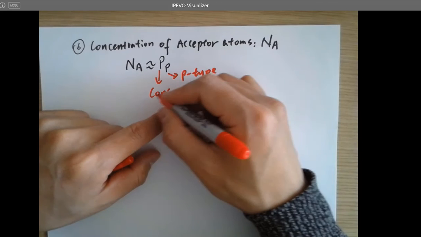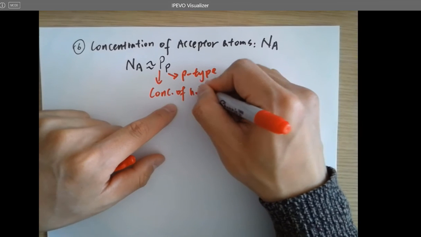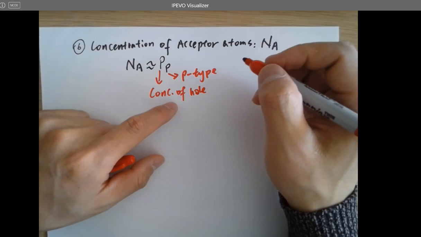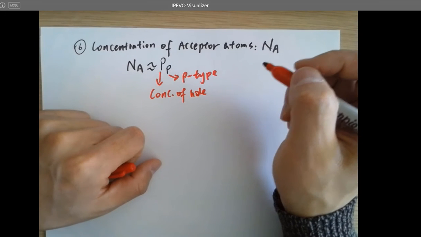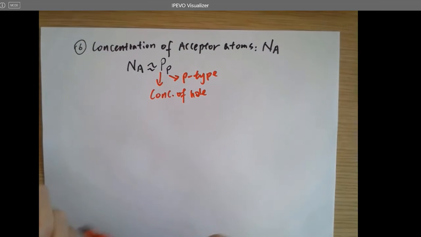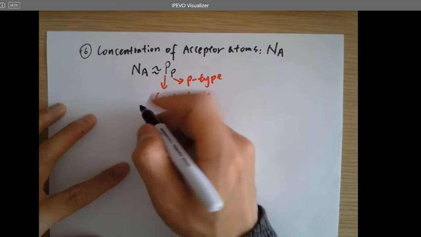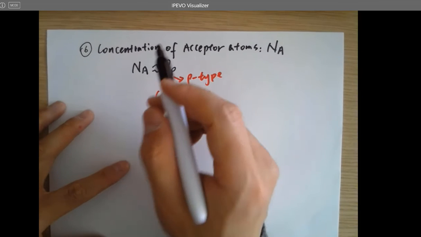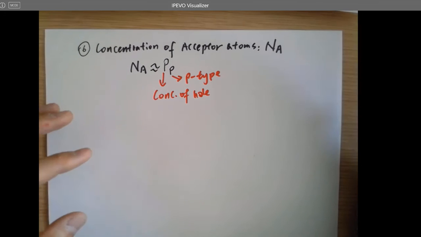So I keep saying concentration means what? The number of holes in 1 cubic centimeter, right? Or you can say just the number of electrons, but per unit volume. And depending on what we just mentioned, N times P equals Ni squared.